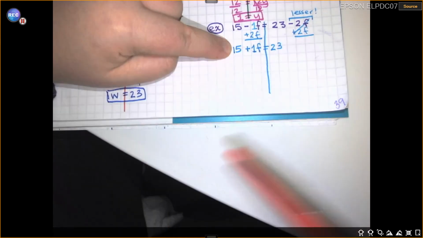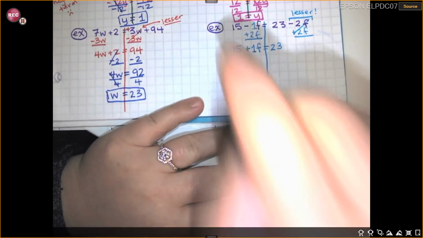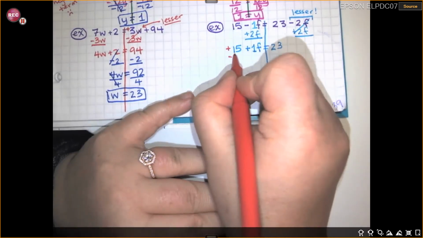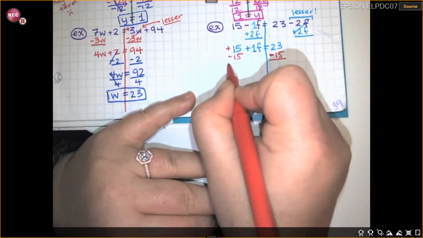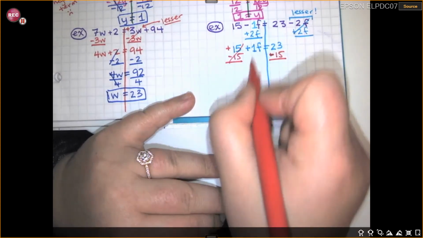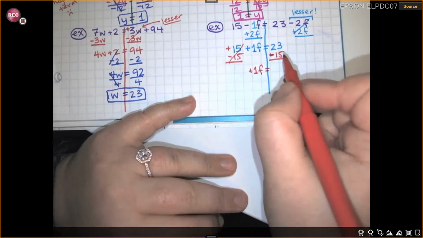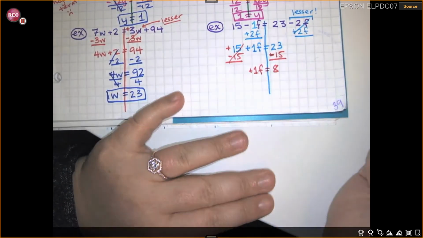Now, again, this has f, so we need to move the 15 because it doesn't have an f. That's a positive 15, so subtract 15. Oops. That goes away, so now I just have plus 1f equals, and then we have 8.